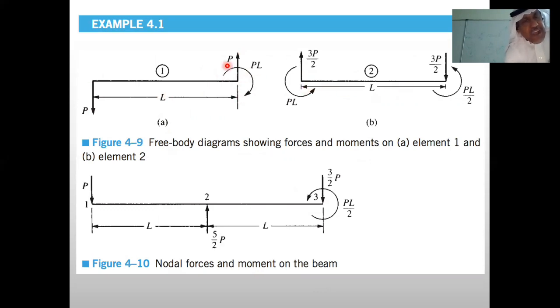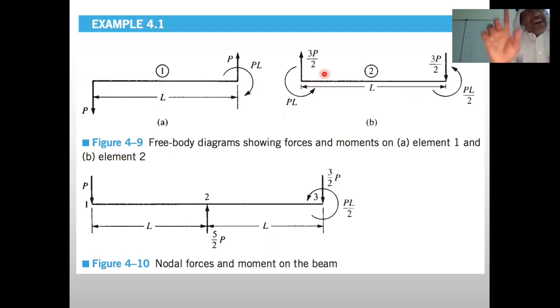And do it here. If I give you the forces at each node at the end, would you be able to draw shear and bending moment? Yeah. So you'll start with shear. How much is the shear? Is it positive or negative? Negative. Straight line, right? And then it goes here. What about the shear here for element number 2? It would be 3P. How come here it is P and here 3P?